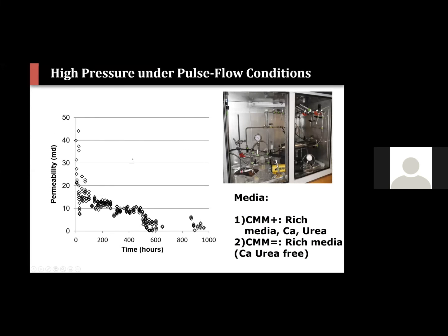If we then looked at how permeability was affected by the carbonate cements produced in porous media, we were able to do this under high pressure conditions as well. And under similar pulse flow conditions, we saw up to around a 99% reduction in permeability, and we also avoided significant inlet plugging. So basically, the organisms can happily operate under these high pressure conditions.